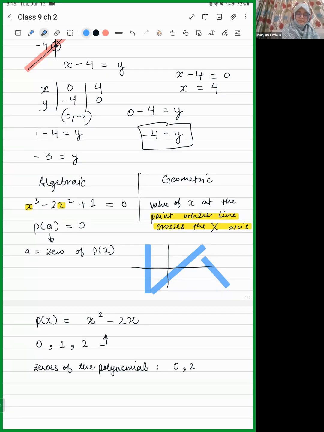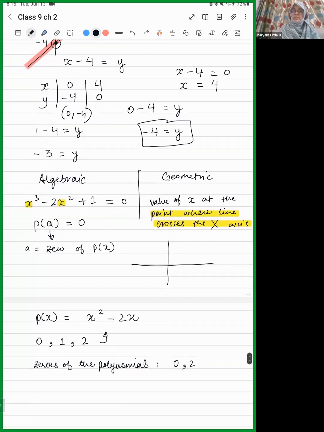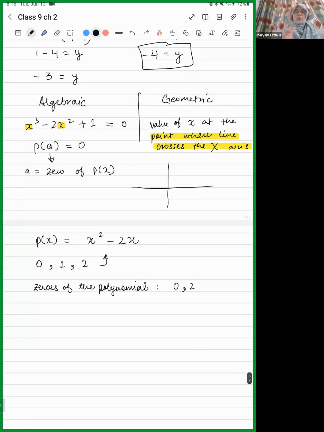Yes, because it is a straight line. So what do we understand from this? A linear polynomial can only have 1 zero.